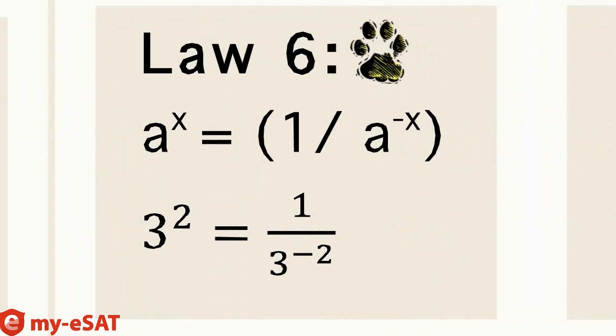This is really the same as Law 5, except the reverse. It says that any positive number with a positive exponent can be rewritten as the reciprocal of that number to the negative exponential power. So 3 squared equals 1 over 3 to the negative 2 power.